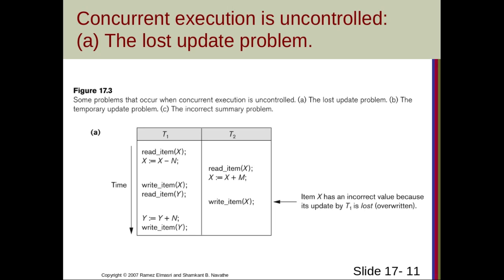Now X is 90 in the copy, not in the original database. After that T2 executes, and T2 read item X reads from secondary storage, where the value of X is still unchanged, nothing is updated.